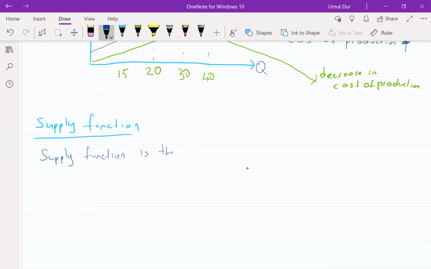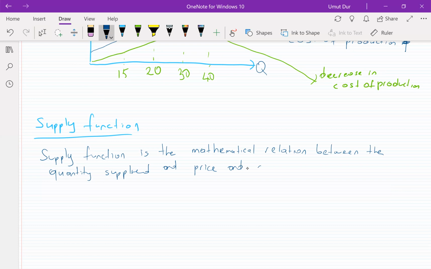So the supply function is the mathematical relation between the quantity supplied and price and other factors.